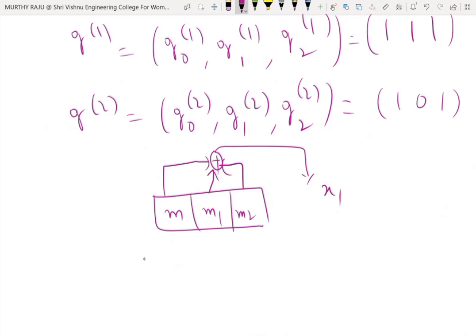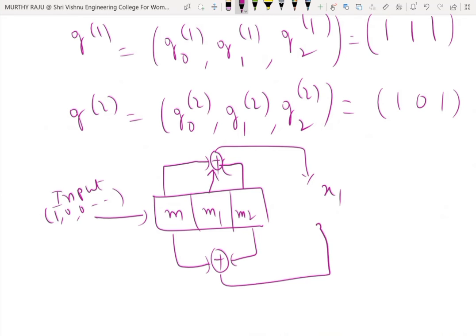This one is X1, with input 1, 0, 0 and so on. Only M and M2 bits are connected to the second modulo 2 adder, this one is X2. X1 is G of 1, X2 is G of 2 when the input to this convolutional encoder is 1, 0, 0.